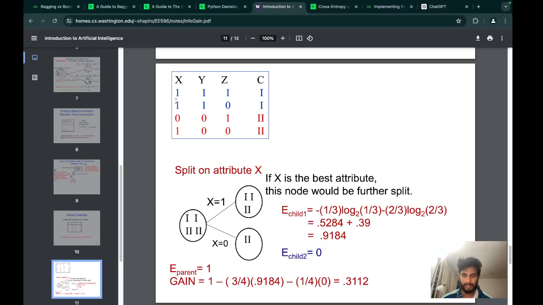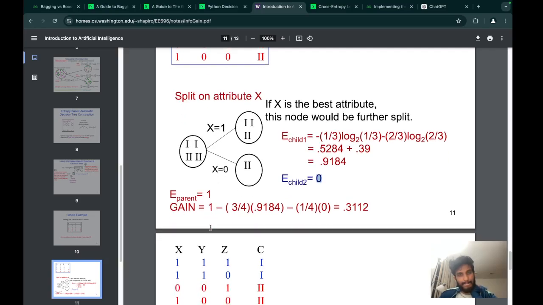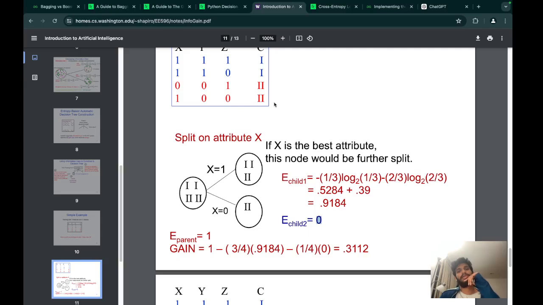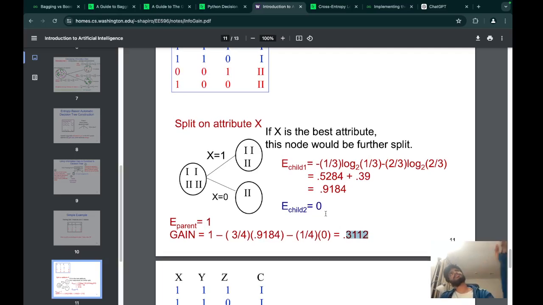Here we still have two classes. So we would get entropies of 0.9184 and 0, and you take a weighted average: 3 by 4 times the first one and 1 by 4 times the second. The entropy was 1 before, and the gain is 31.2.